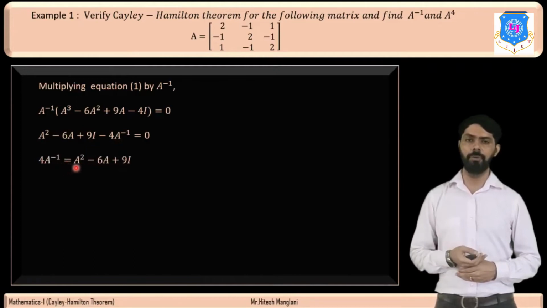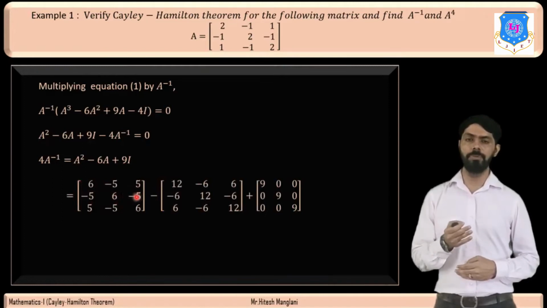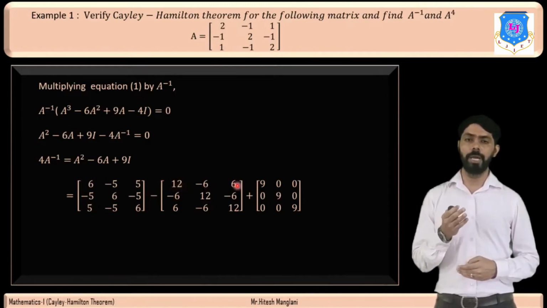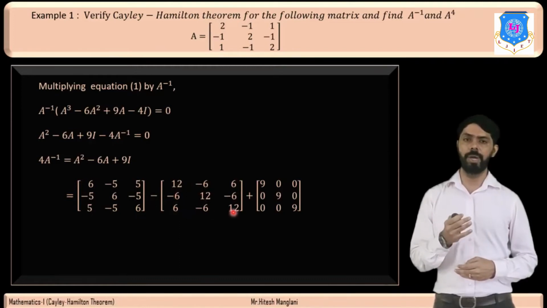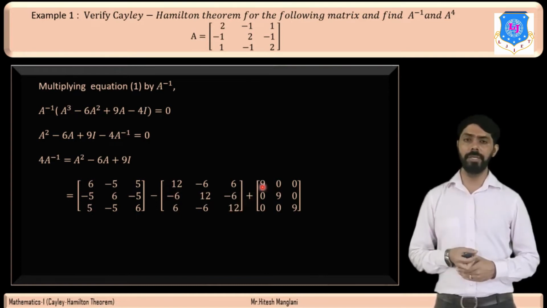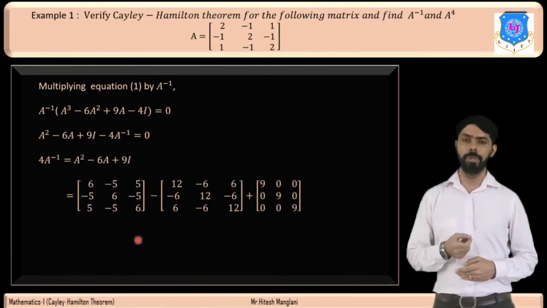Now as we have already found A square, A square is [6 -5 5; -5 6 -5; 5 -5 6], then minus 6A. Here we will have to multiply all the elements of A by 6. So it will be [12 -6 6; -6 12 -6; 6 -6 12], plus 9I, where I is the identity matrix of order 3. Therefore, 9I will be 9 0 0, 0 9 0 and 0 0 9.